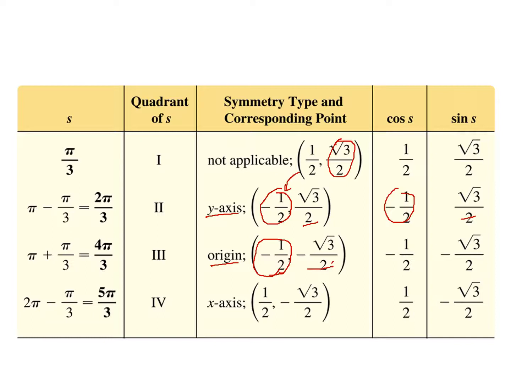And in the fourth quadrant, that's 2 pi minus pi over 3, or 5 pi over 3. It has x-axis symmetry, and so it corresponds to the point (1/2, minus square root of 3 over 2). The cosine of 5 pi over 3 is 1/2, while the sine of 5 pi over 3 is minus the square root of 3 over 2.